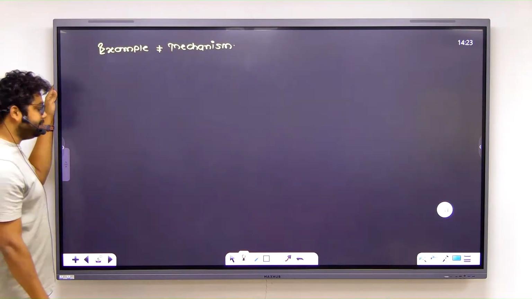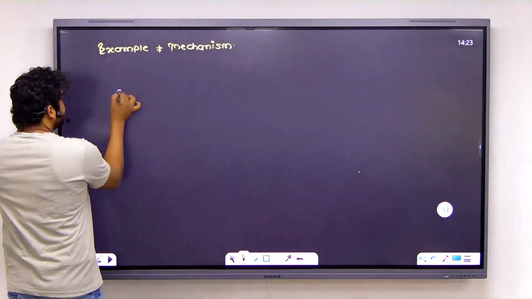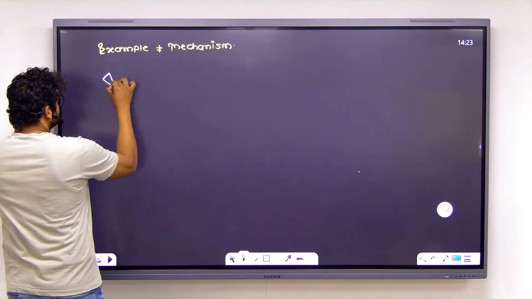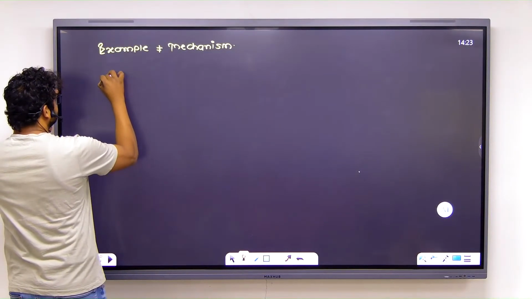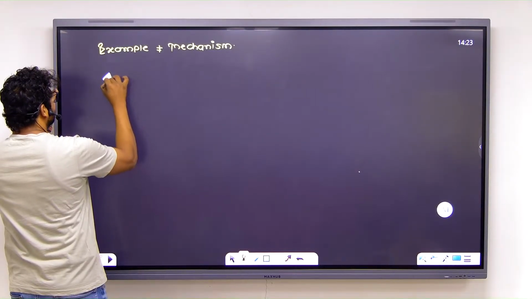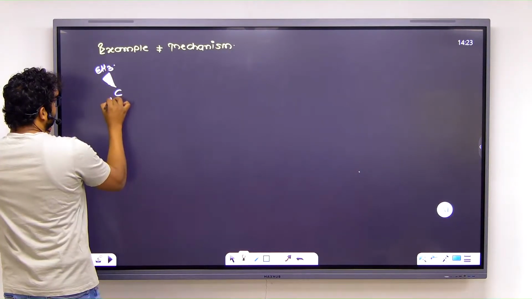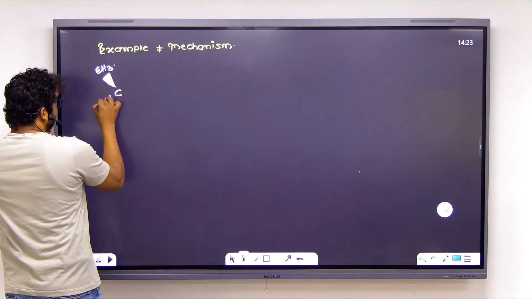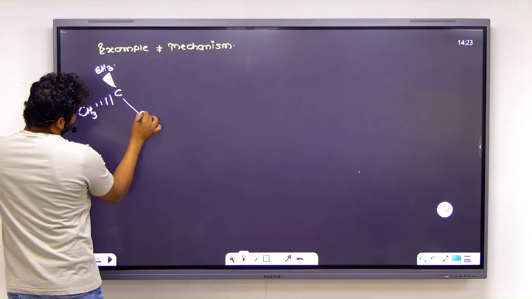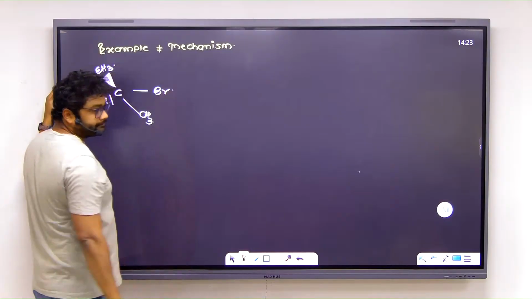Let us have an example with the mechanism. Suppose I have this carbon with the first CH3 given there with the wedge bond. What is that bond? Wedge. This is a dash bond, another CH3, and one more CH3 there with the bromine like that.